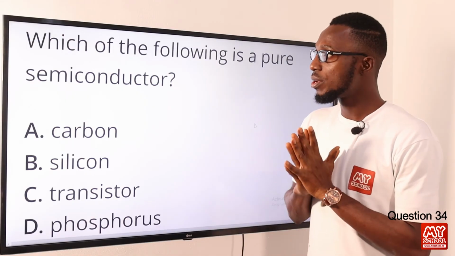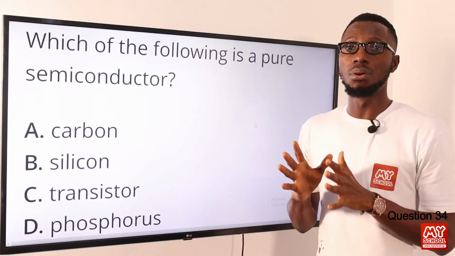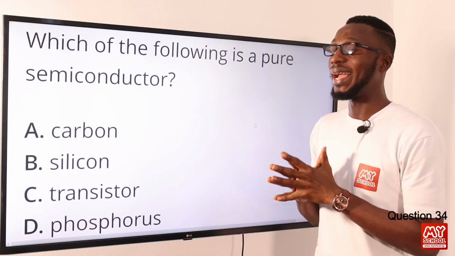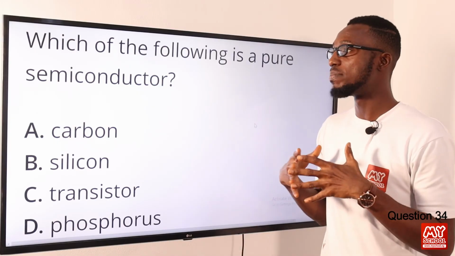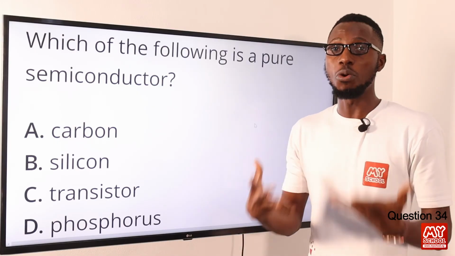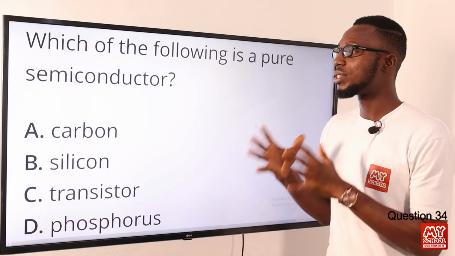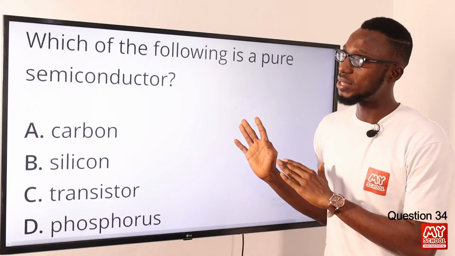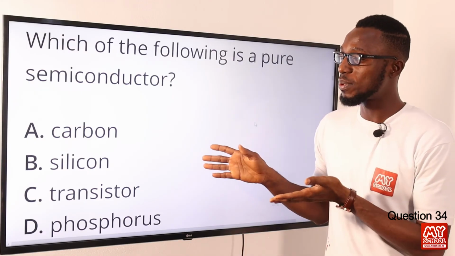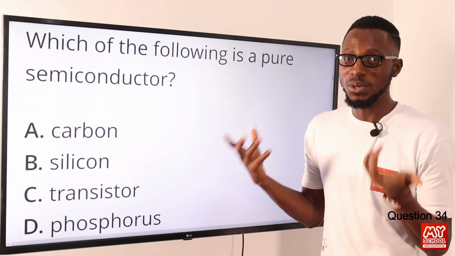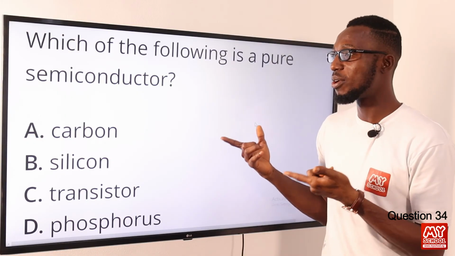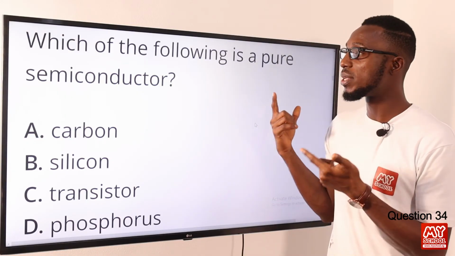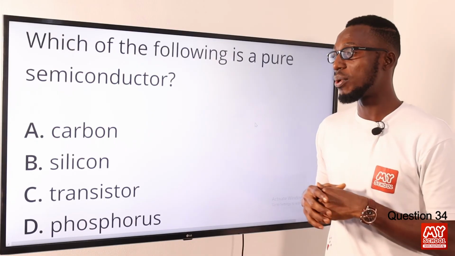When you say semiconductors that are pure, you are saying that they are intrinsic. They have not been doped, that means undoped. Such are silicon and germanium, at least for this context. For the options provided, we have silicon. So the most accurate option here will be silicon, option B. Silicon is a pure semiconductor.